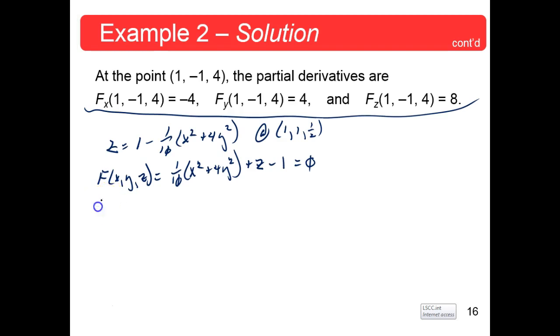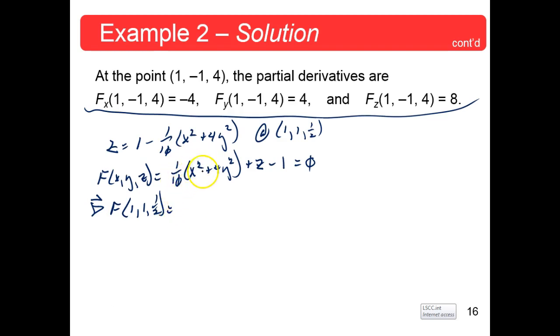Now, the gradient of this function f, and we're later going to do it at the point 1, 1, 1/2, but right now we're just going to do it x, y, z for now. So let's do that. What would that be?